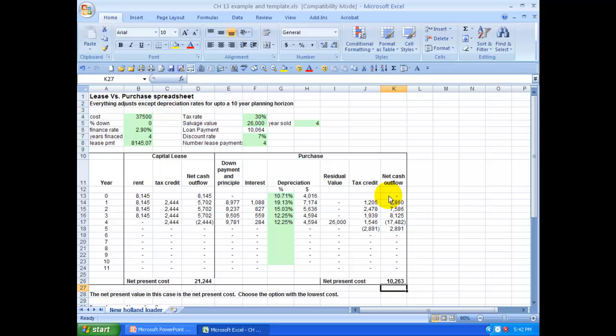So in this case, it was much, much cheaper for what we were planning on to purchase it, because that has a net cost to us in today's dollars of $10,263, versus leasing it, which cost $21,244.